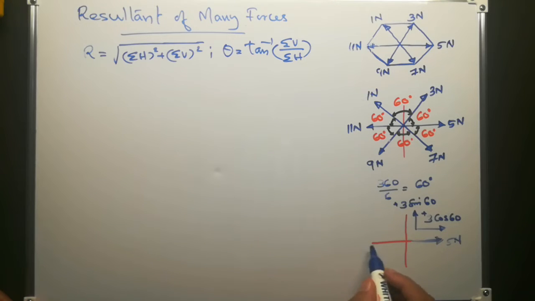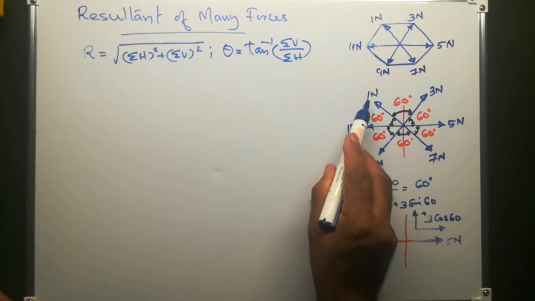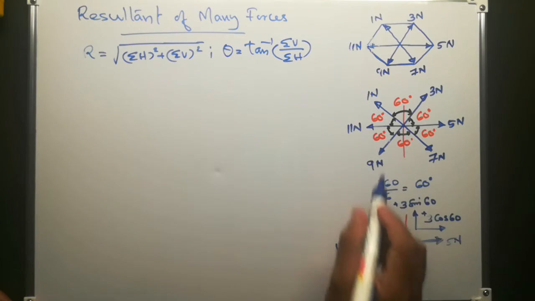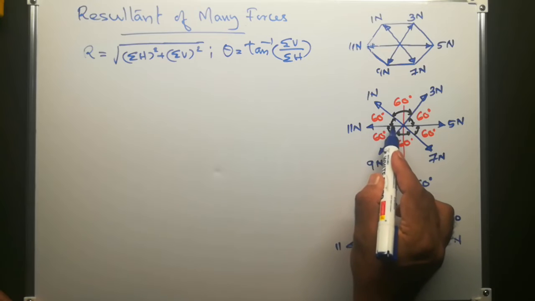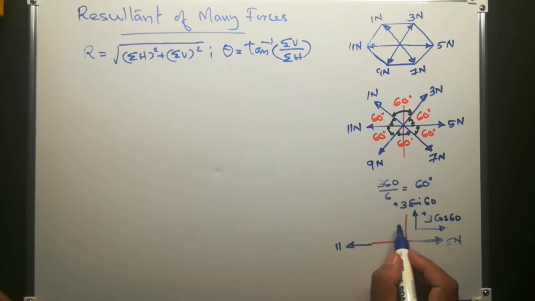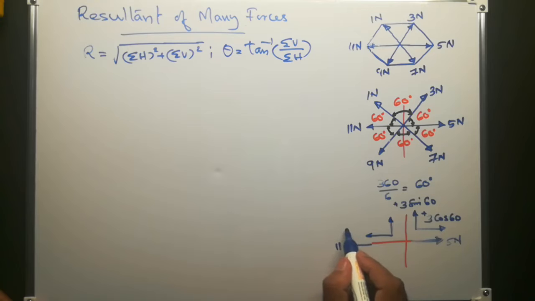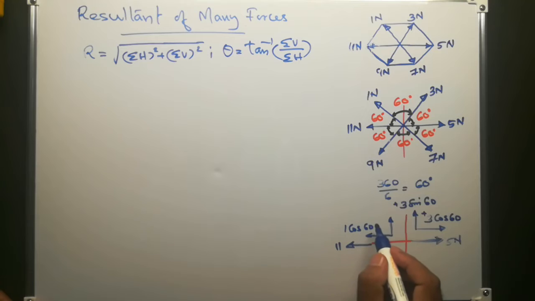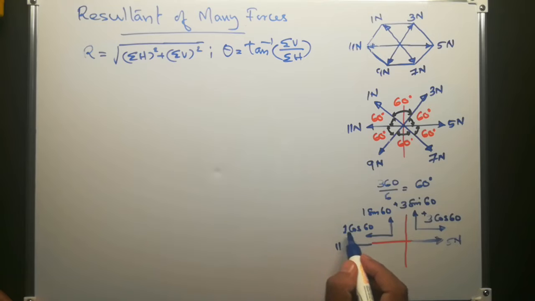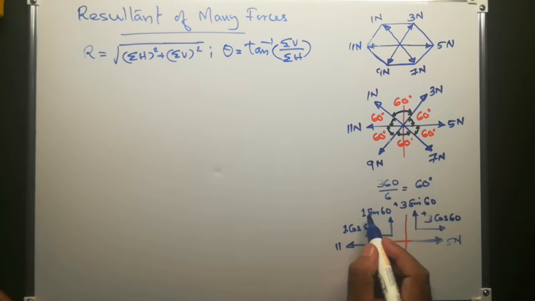Then the second horizontal force is 11 Newton, and the 1 Newton force is acting at 60 degrees with the negative x-axis. Therefore, its components will be 1 cos 60 and 1 sin 60.